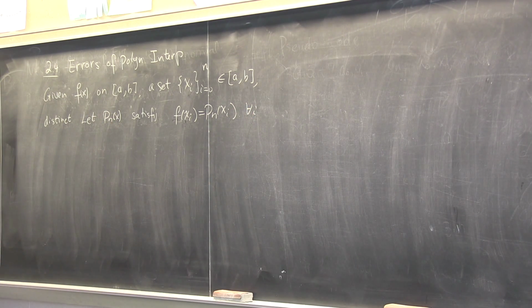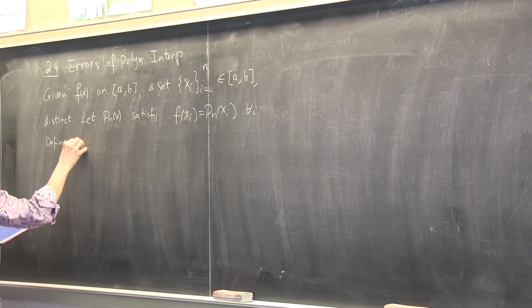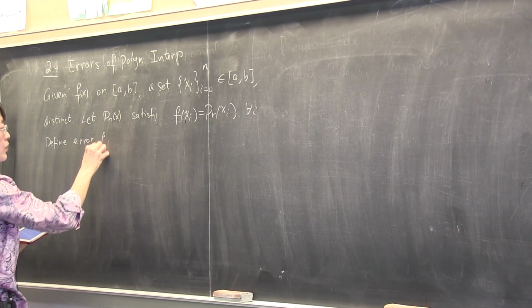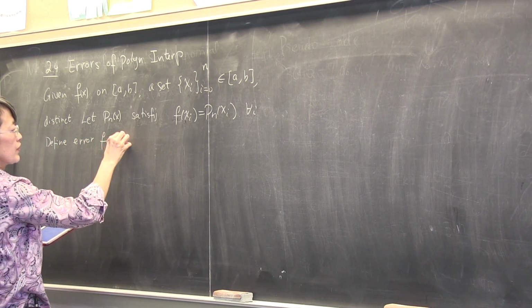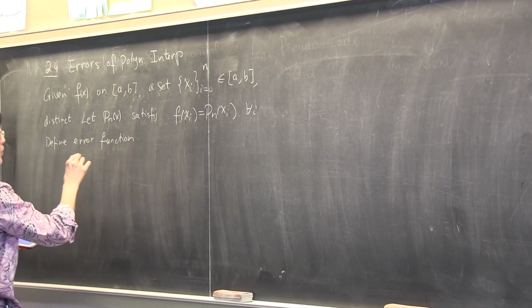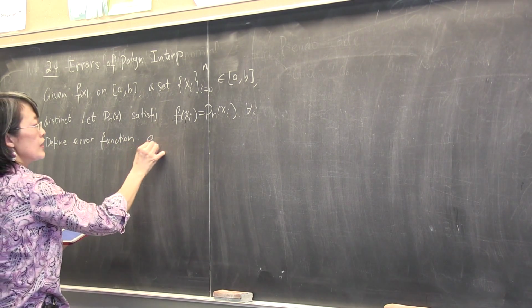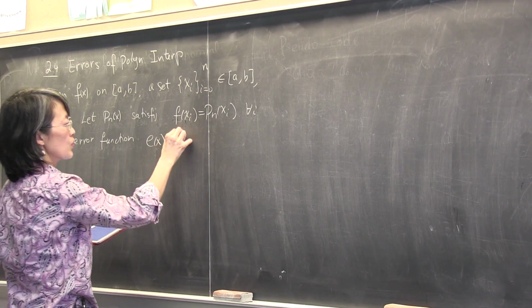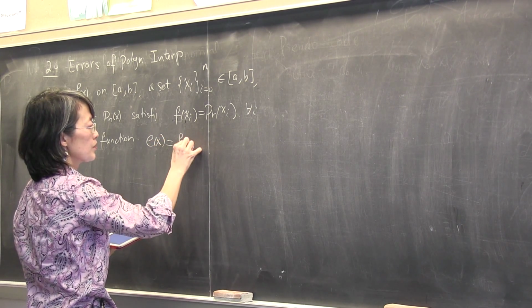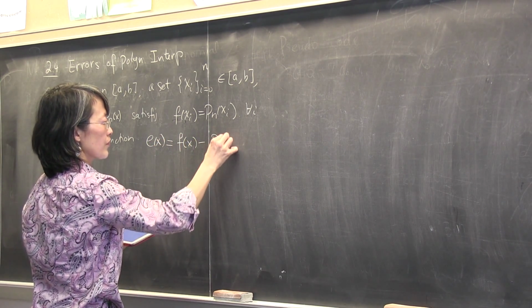Okay? And then define the error. Actually, the error function here, I'm just looking at a function. So e of x equals just the distance between them.